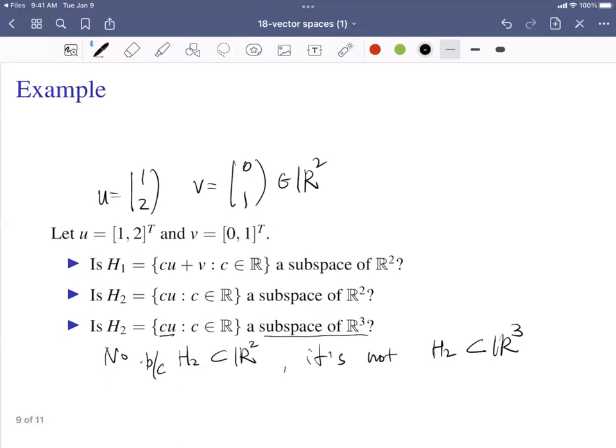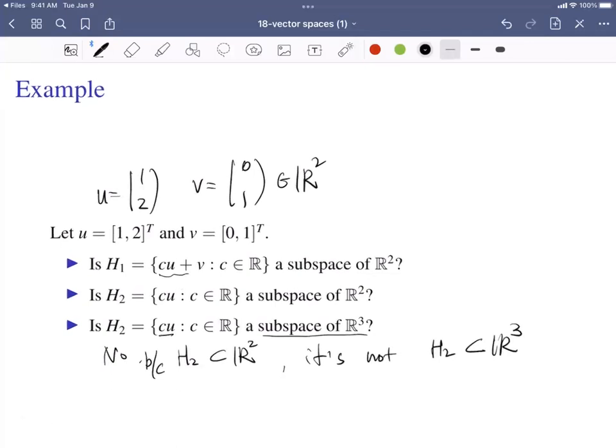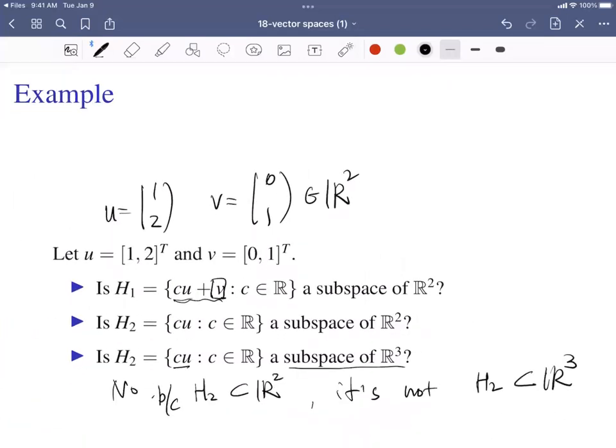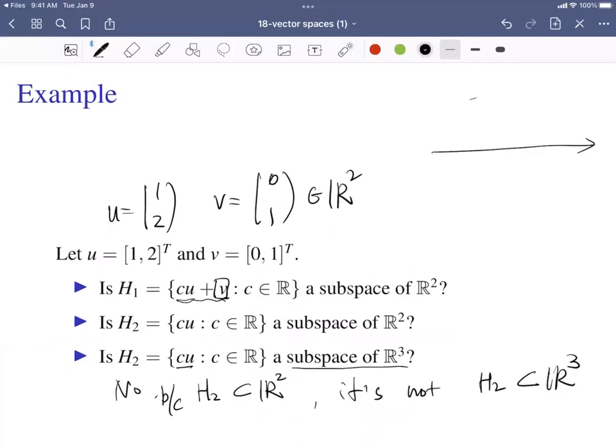H1 is Cu plus V. If you look at this, you can think of it as taking one step in V and taking C steps in U. For any point in H1, you take one step in V, which is (0, 1), and then C steps in U, (1, 2).